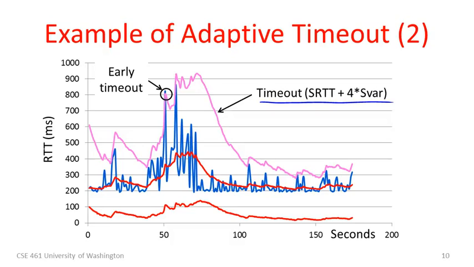And you can see that on the whole, this stays above the blue curve, but it comes down and it lowers itself so that at times when the blue curve jumps up, it's really not that much higher than the blue curve, so it's fairly tight. Yet it is shooting up fairly rapidly at a time when the round trip times seem to be climbing. Now it looks like just very occasionally our predictor could actually be a little low. If that's the case, we would end up doing an early timeout. However, that's pretty rare.